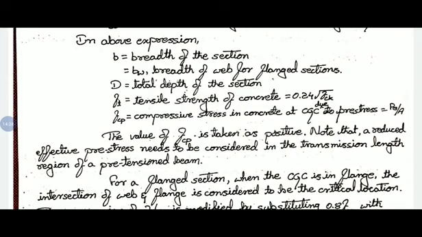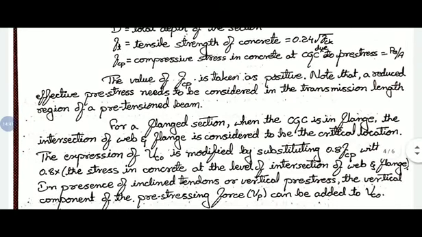So at working stage there will be some amount of loss of pre-stress when compared to transfer stage. So we need to consider the reduced effective pre-stress, the pre-stress which is occurring at the working stage condition. For a flanged section, when CGC, that is the centroidal axis, and neutral axis is in flange, the intersection of web and flange is considered to be the critical location.